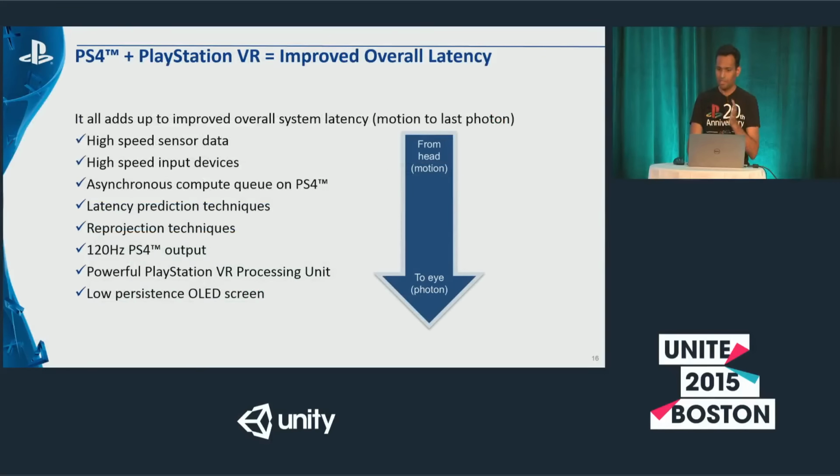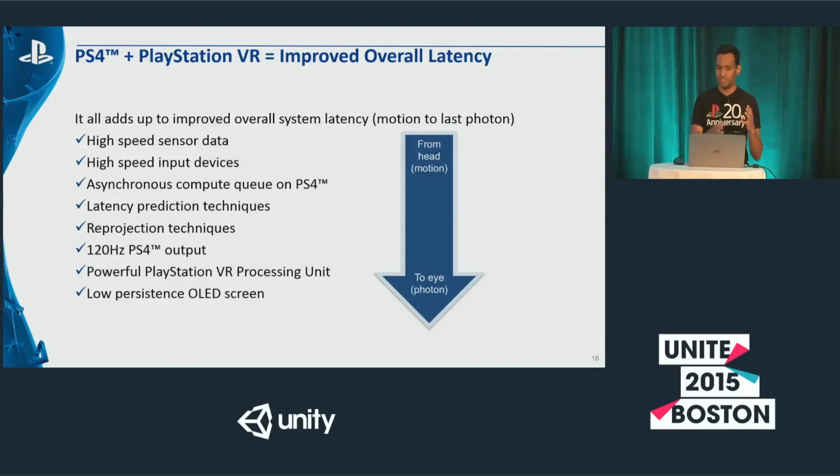So let's look at the big picture. There's really not one fix or silver bullet to address the overall latency, but a number of small improvements at various stages, both at the system level as well as in the game, help reduce the overall latency. So if you look at the PS4 and PlayStation VR combo, we start all the way from the head movement.